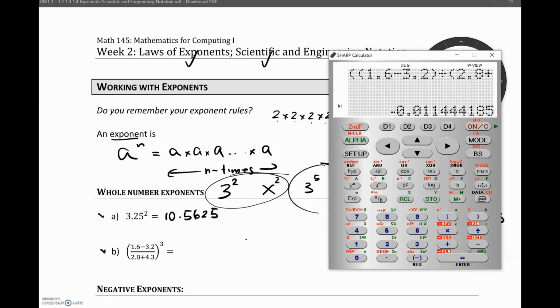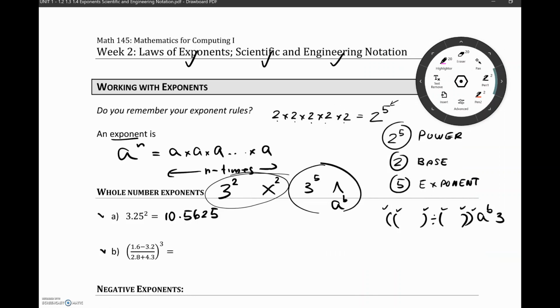I won't go to as many decimal places, so we write negative 0.011444.